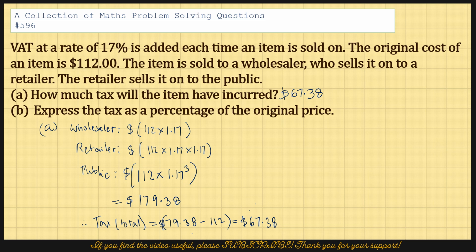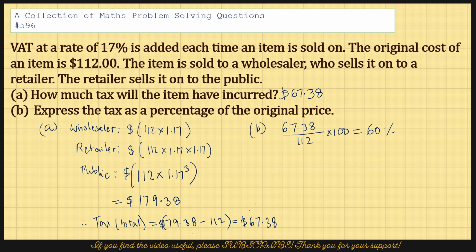So then part B, express the tax as a percentage of the original price. That's simple enough. All we have to do is 67.38 divided by 112 and multiplied by 100, and that will be 60%, ignoring the decimals, because it's 60.16 something.